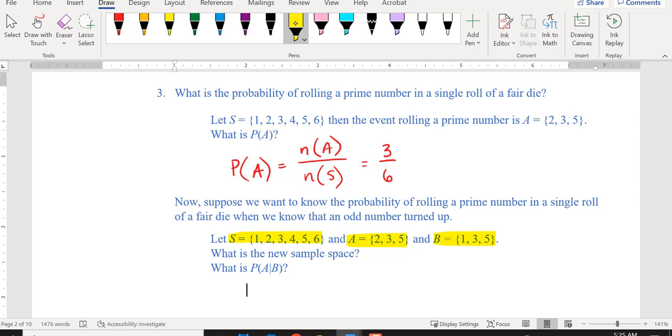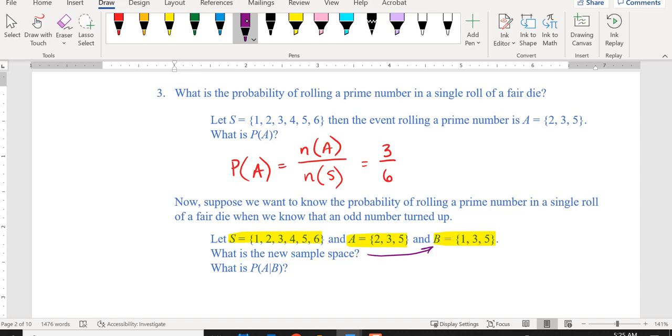Okay, so what's the new sample space going to be? The new sample space is going to be that it was an odd number. That's what it was given, okay? So the new sample space is B, 1, 3, and 5.